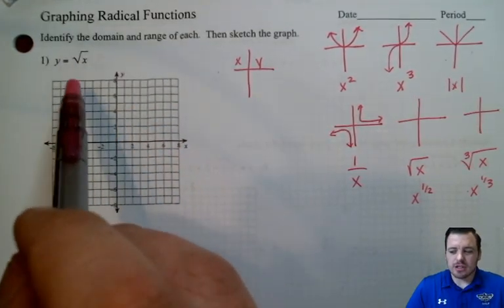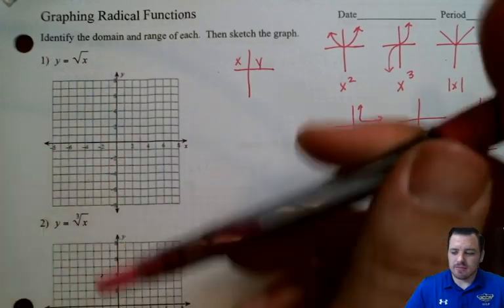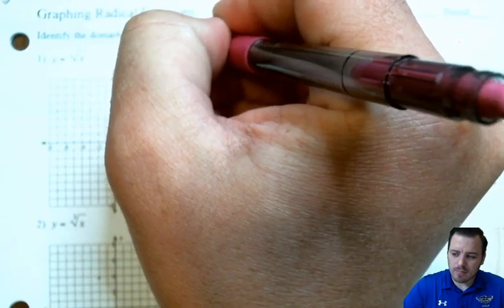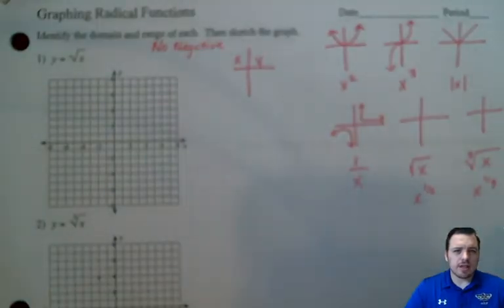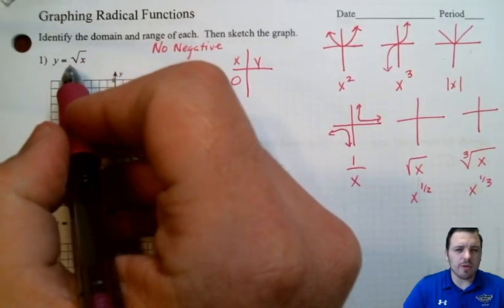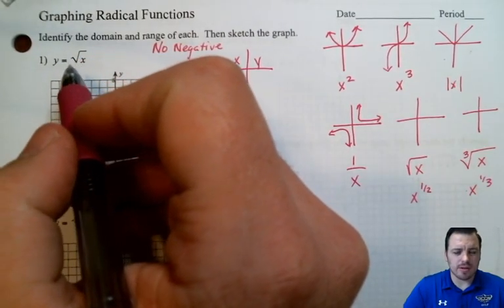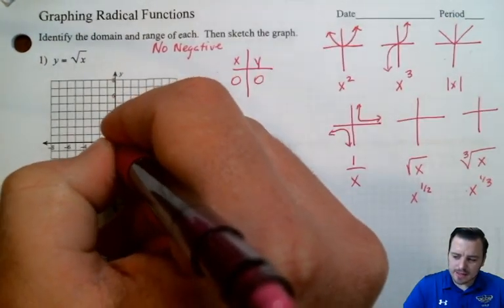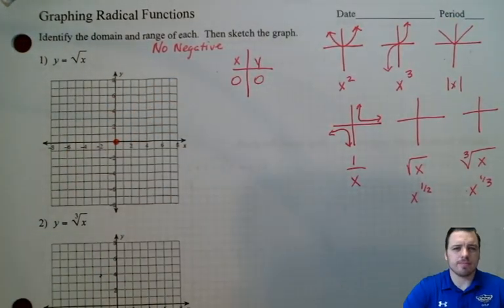So we would not want to go negative. Let's start at 0. What is the square root of 0? What times itself will give you 0? Well, 0 will. So I got a point at 0, 0.